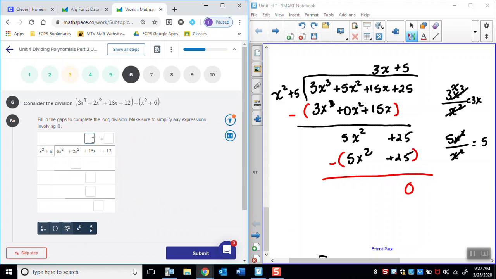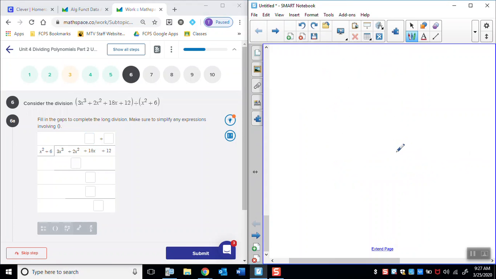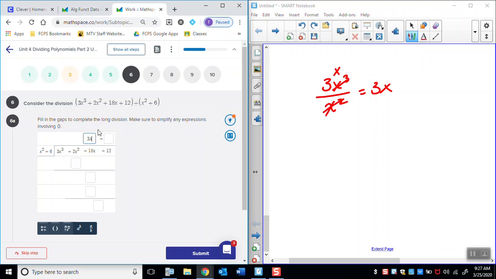All right, same problem here, but I'm not going to write it out. I'll just at least do the back part here. If you do 3x cubed divided by x squared, you get 3x, right? So I'm going to write that here, 3x.